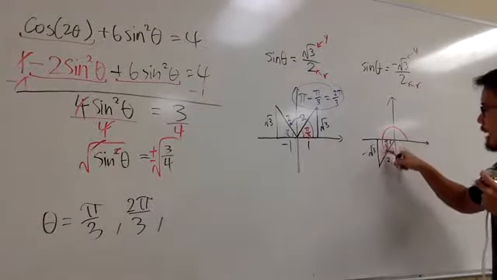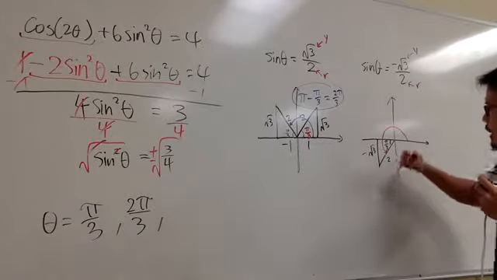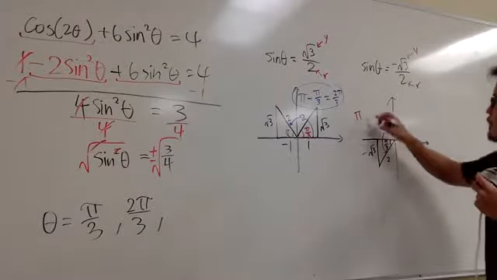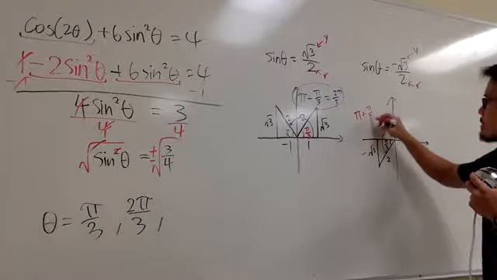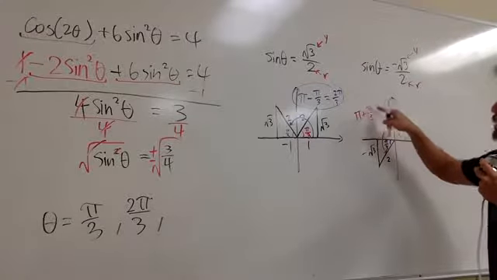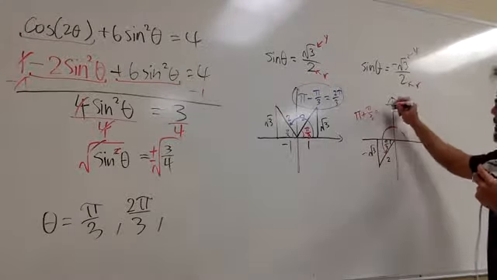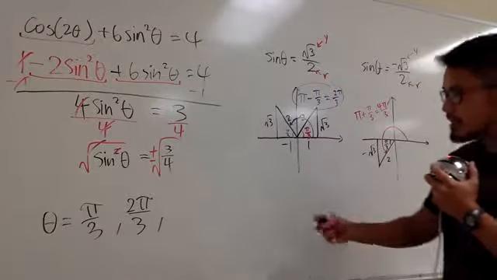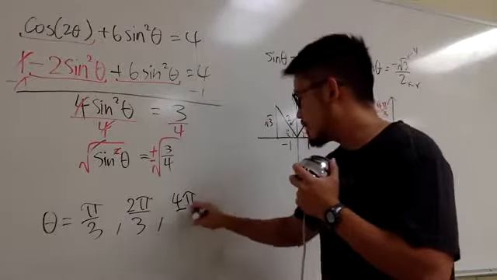But then we go pi over 3 more. So for the red one, we are going to write down pi, right? And then pi over 3 more. So we add it with pi over 3. This is 3 over 3 pi plus 1 over 3 pi, which is going to be 4 pi over 3, isn't it? So that's another answer, 4 pi over 3.